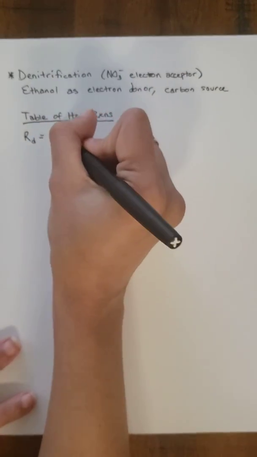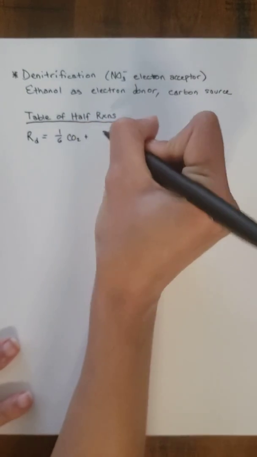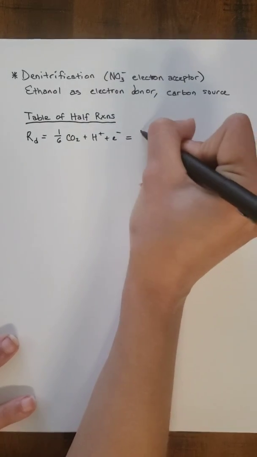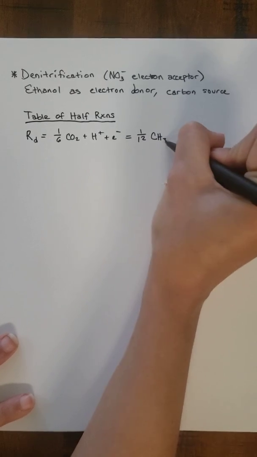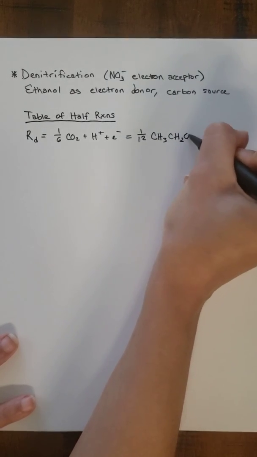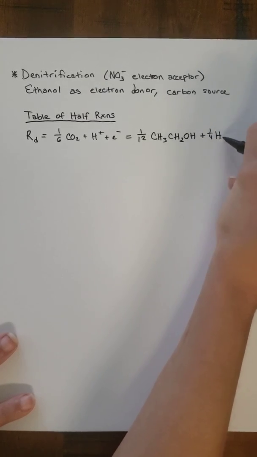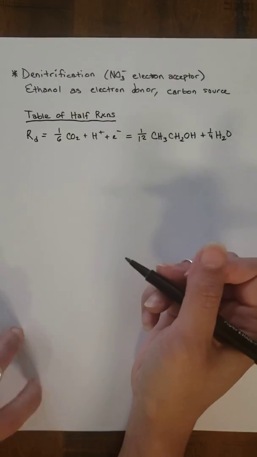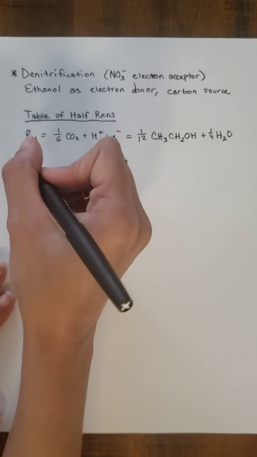So we pick up this equation from our book: 1/6 CO2 plus proton plus electron goes to 1/12 ethanol plus 1/4 water, H2O. Okay, so we've picked up our electron donor equation.